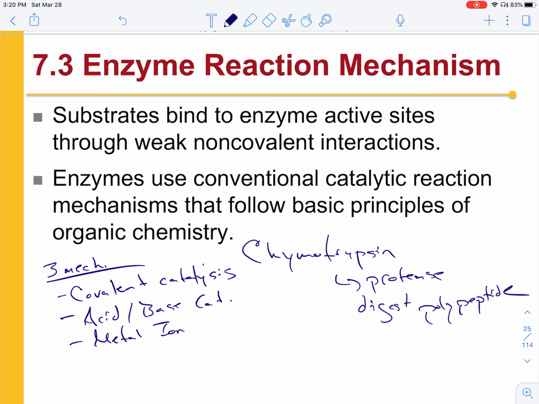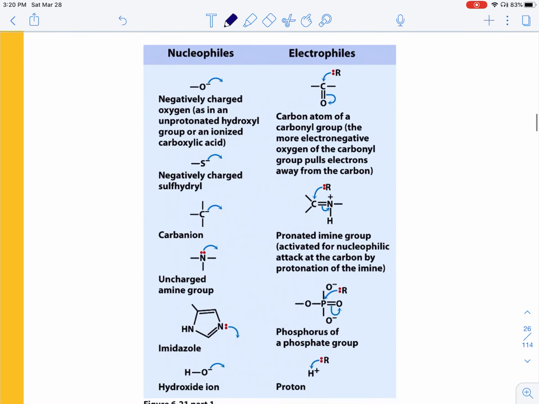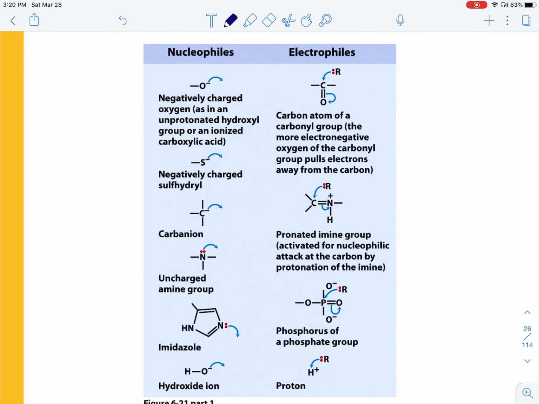And enzymes can use any combination of these in order to do what they do. And so we're going to go through that mechanism. It seems complex at first, but it isn't terrible.